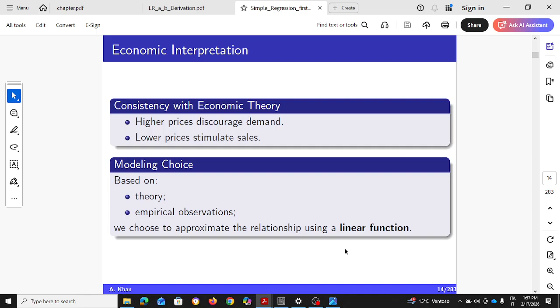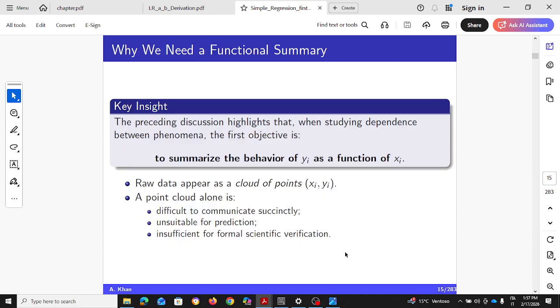Okay? So now, to choose the model, we have to look at two things: theory and empirical observations. Based on the theory, we saw the data, we have a negative linear relationship. And what we do then is choose and approximate this kind of relationship by a linear function. Before, we just saw the data and deduced that there is a decreasing relationship. But we cannot do this for any kind of data. Now we have few rows, 8 supermarkets, 8 rows. Maybe we have a data set which has 10,000 rows.